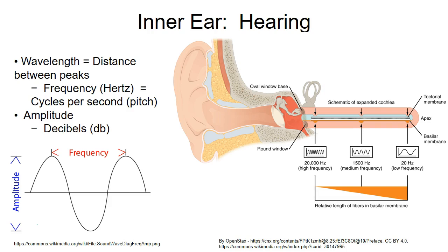Here, very short piano wires, or you can think about a harp. To get deflection of that membrane, you need something that's high frequency, a little bit more force, and that causes these hair cells to fire. With lower frequency, a longer string, you get firing towards the apex of the cochlea.